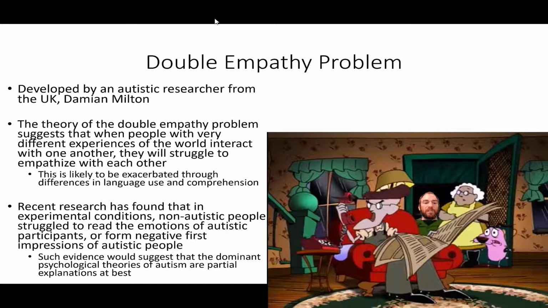A study found that when non-autistic people watch the behavior of autistic individuals, they struggle to accurately read and understand the emotions of autistic people's behaviors. Why is it going on, what is their motivation, what exactly are they doing? As a result, that frustration of not understanding is correlated with having a negative first impression of autistic people.